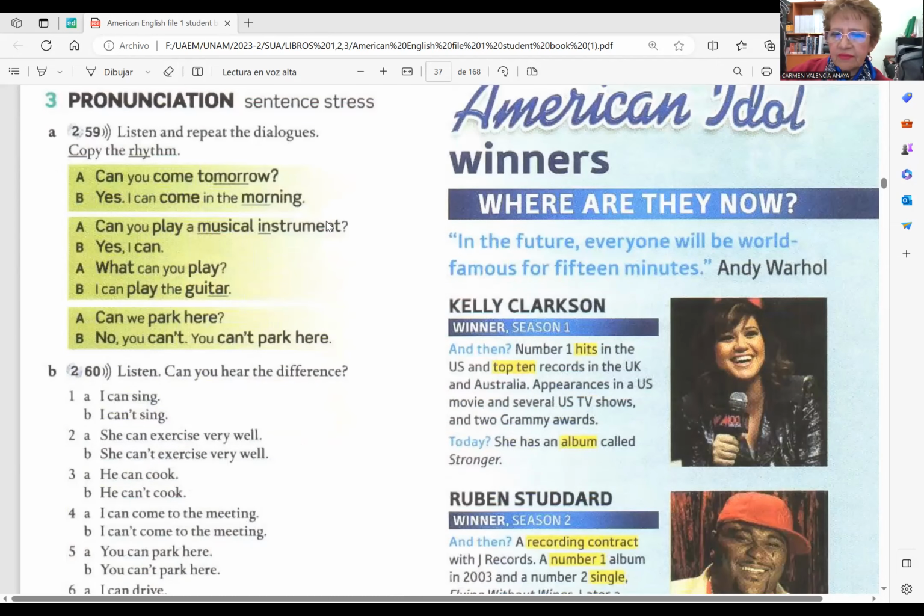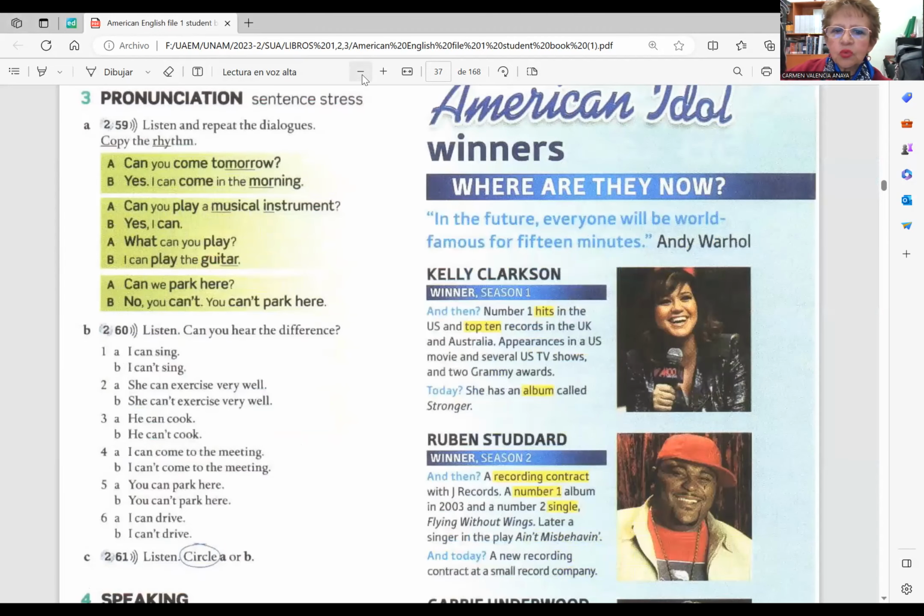It is going to be the same thing. You are going to read a little bit about American Idol winners. Where are they now? For example, Andy Warhol says, in the future, everyone will be world famous for 15 minutes.